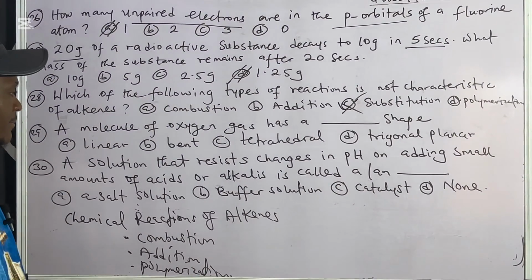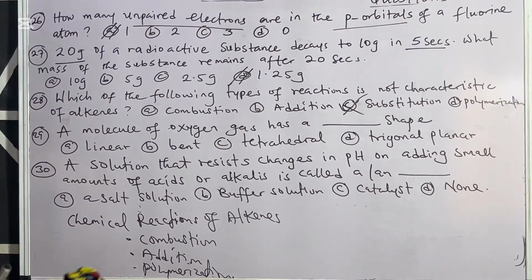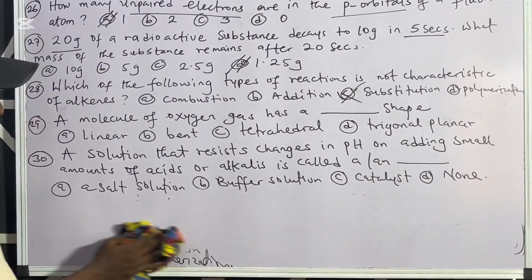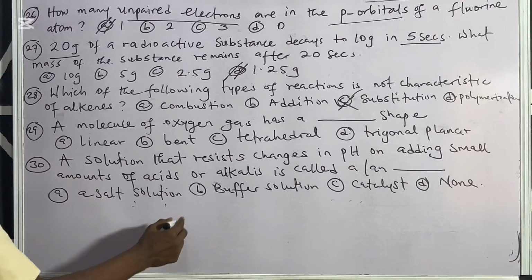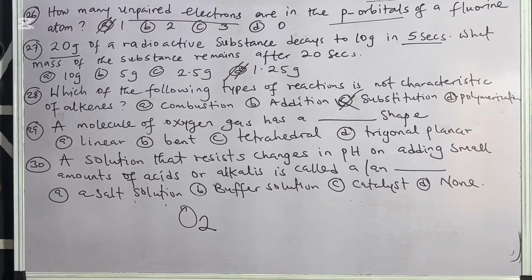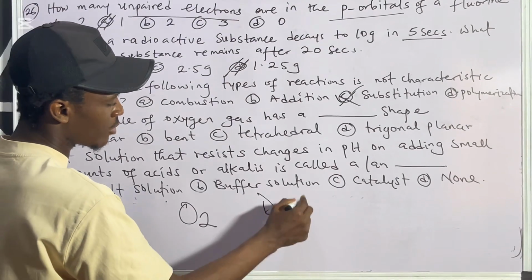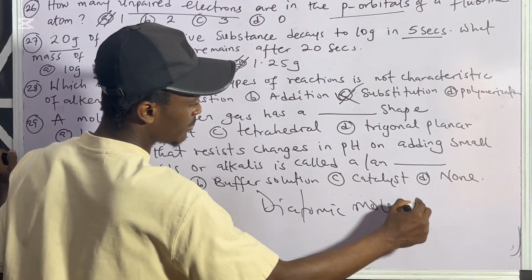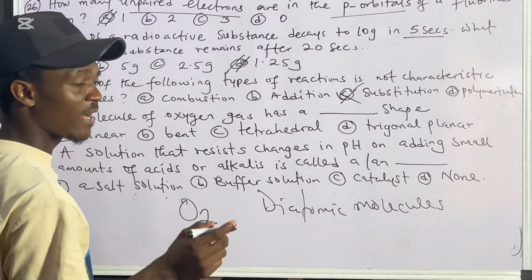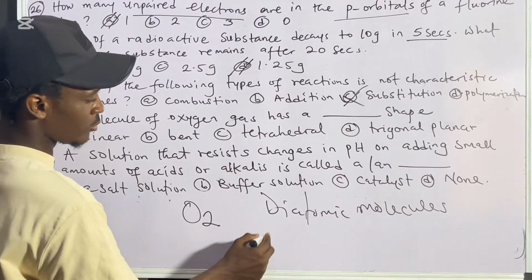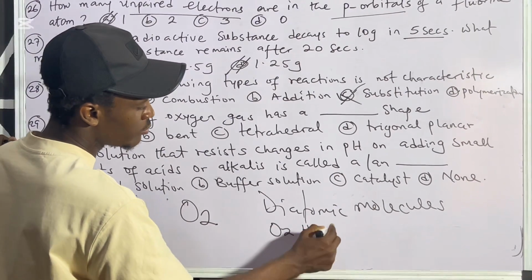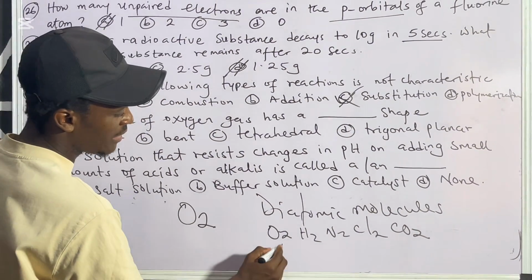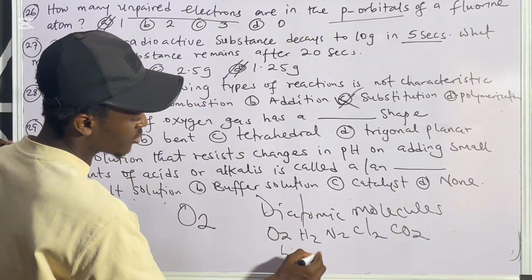Question 29. A molecule of oxygen gas has a dash shape. When we say a molecule of oxygen gas, we are referring to O2. And remember that all diatomic molecules, what I mean by diatomic molecules are simply molecules that have their atomicity to be 2, like O2, H2, N2, Cl2, CO2, they are all linear shaped molecules, meaning they are straight.